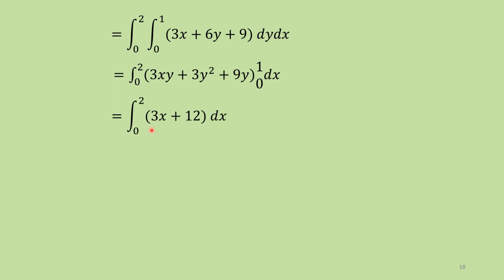Further we integrate with respect to x between the limit 0 to 2, that gives 3x square by 2 plus 12x. When the upper limit is 2, we get 4 by 2, that is 2 into 3, 6, plus 12 twos are 24, 24 plus 6 is 30, minus the lower limit, which anyhow vanishes, at 0 it is 0. So we have 30, therefore the flux across S is equal to 30.